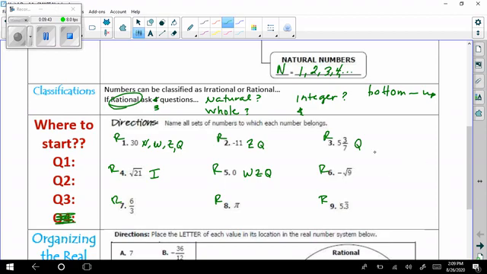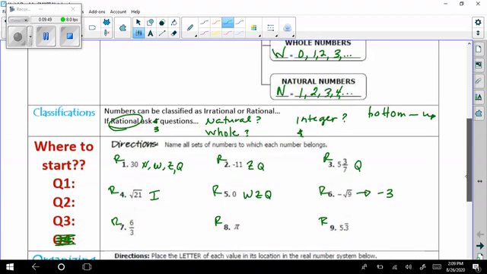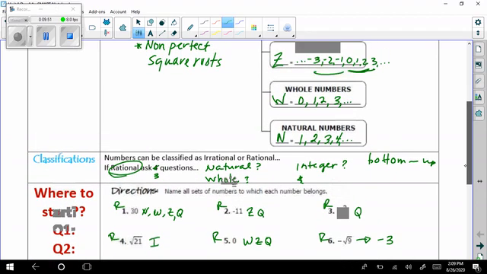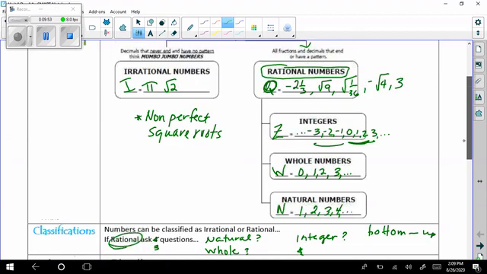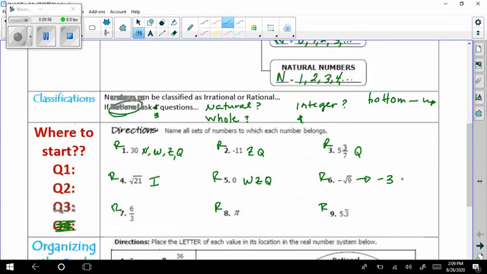Well, radical 9 means 3, so this really is equal to negative 3. So negative 3, that kind of is a game changer, huh? Negative 3 is an integer, so we know it's integer and rational. So Z and Q.